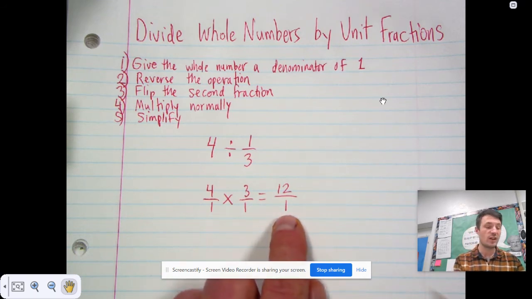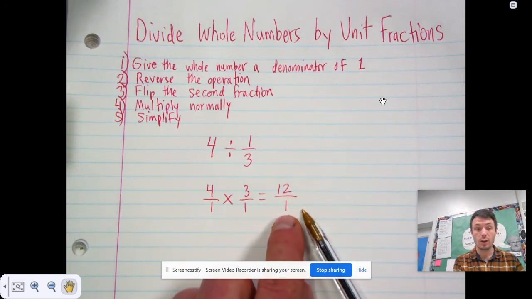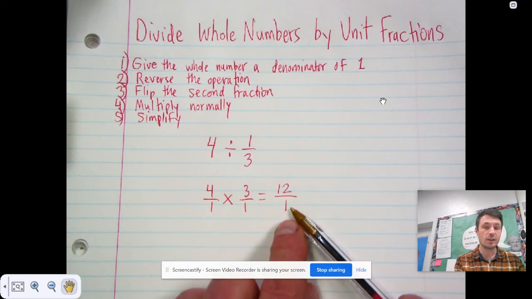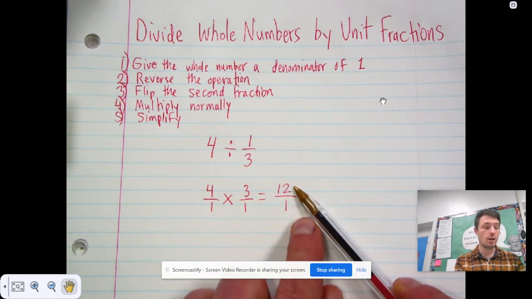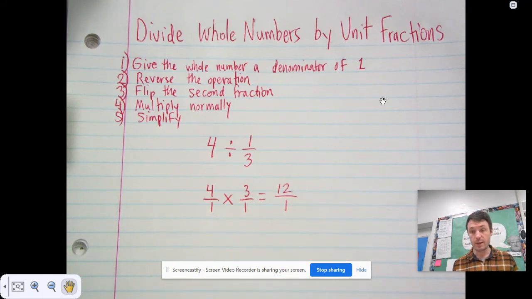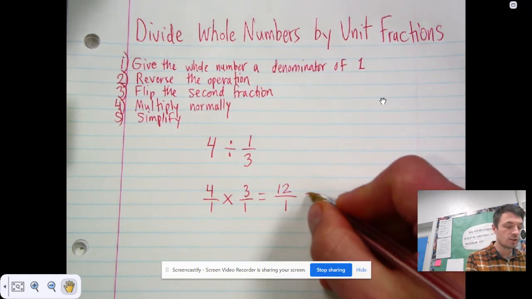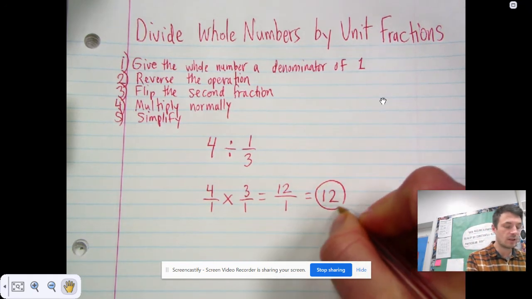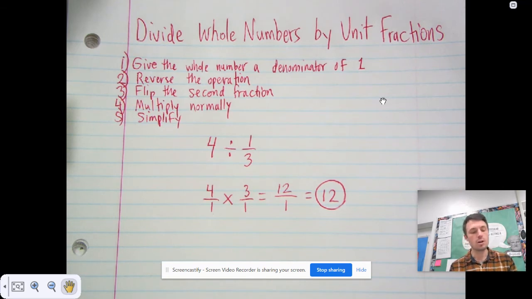We do it by dividing the denominator into the numerator, and 1 fits into 12 twelve times. So 12 over 1 just simplifies to 12, and that's the answer. And all of your answers today will be whole numbers. Your answers actually won't be fractions.